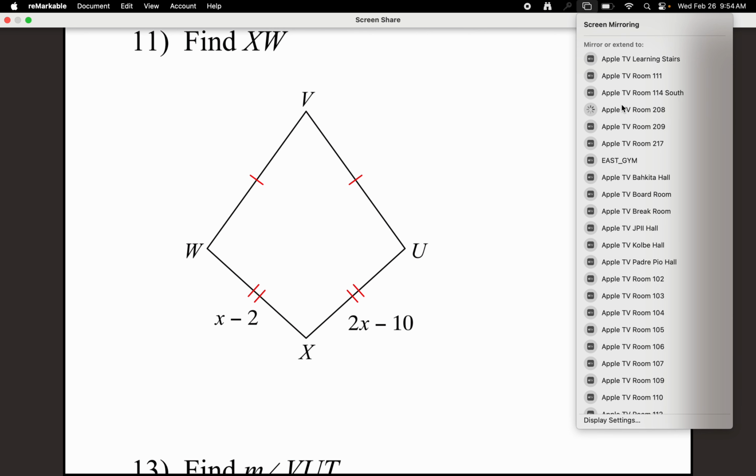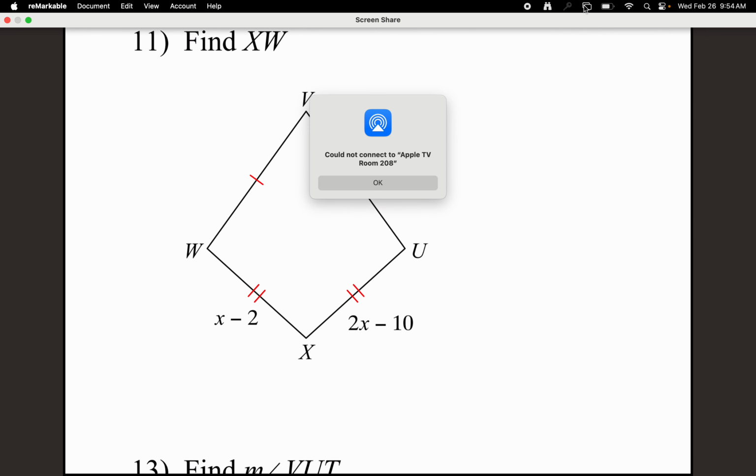AJ, we are on the second page of these kites. Could you help AJ with what he's missed? That's what we're working on.